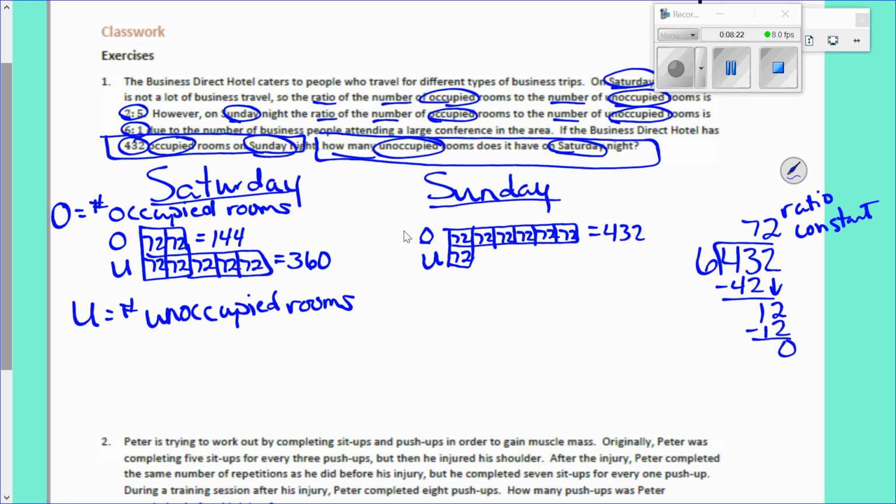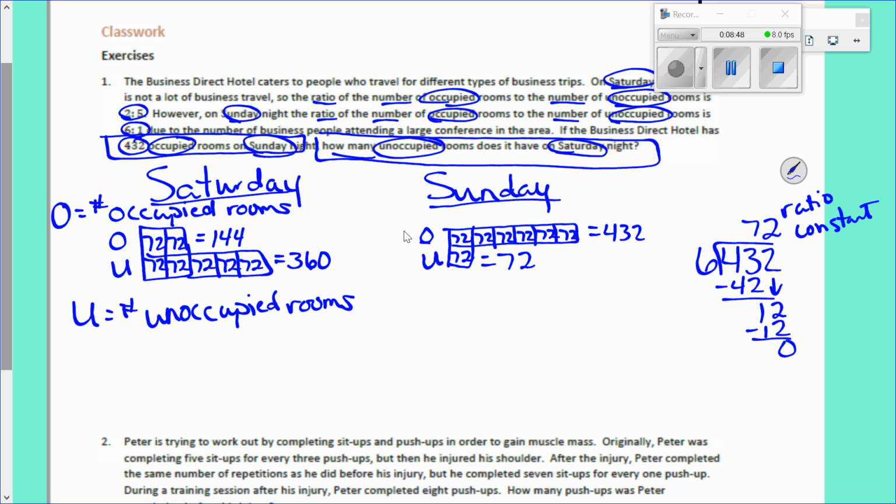Good. So for those of you that didn't hear him, he said, well, this was 6 boxes, was 432. I know every box is 72. That one had 1 less, so I just subtracted 72 from 432, and I got 360. Great way to do it. You could also just said 5 times 72. Or you could have doubled the 144 and then added 72 to that. There's a lot of different ways. And then my unoccupied on Sunday would have been 72.